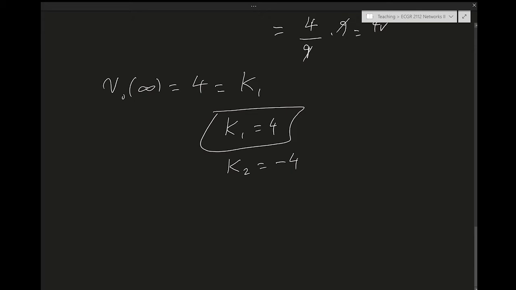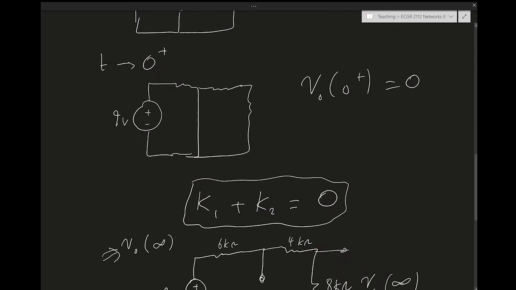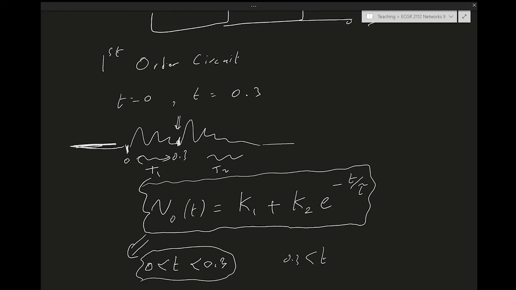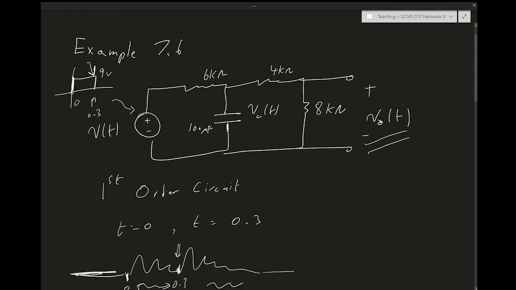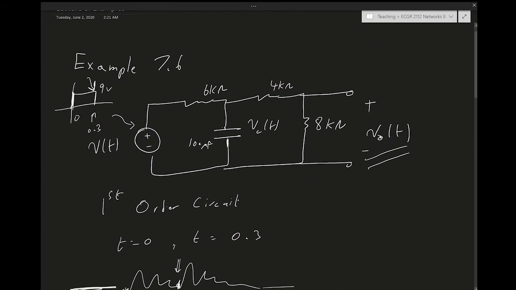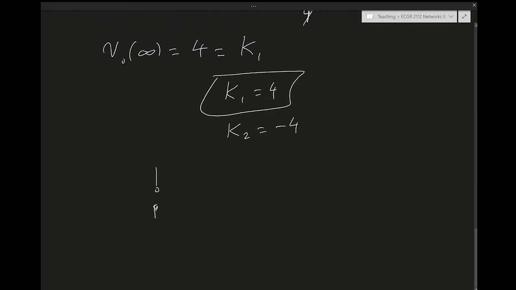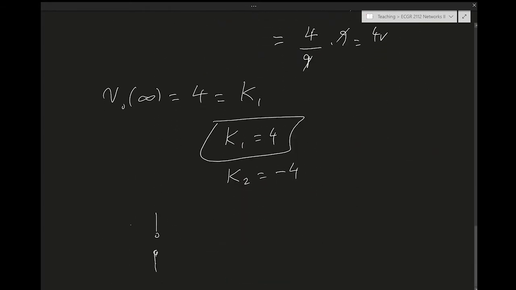We already now solved. Well, there's one thing remaining we need to solve for, which is the time constant. After t goes larger than 0, what would the time constant be? The time constant, again, we have to find the Thevenin equivalent circuit from the perspective of the cap, right? So this is the cap, the voltage source is going to be a short, that's going to be 6 kilo ohms.